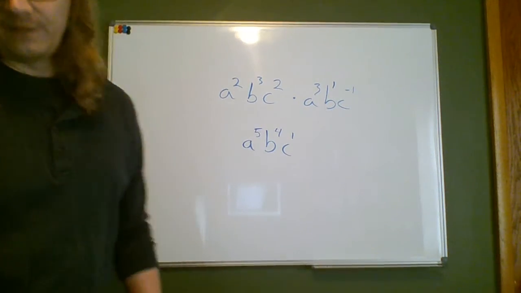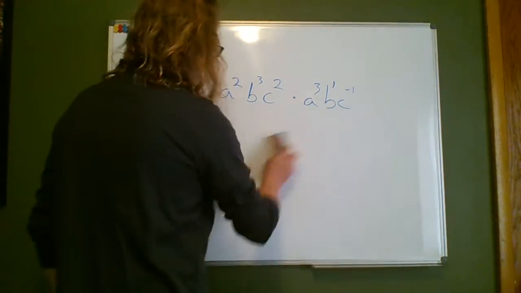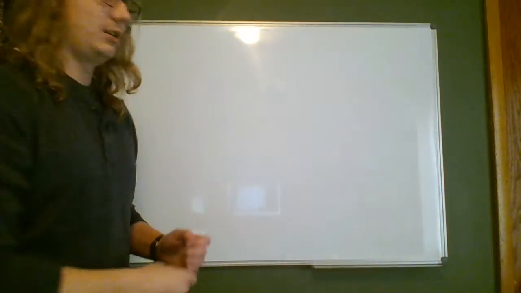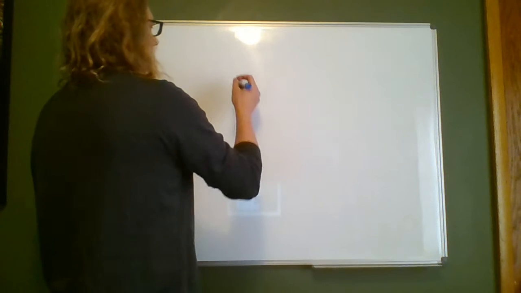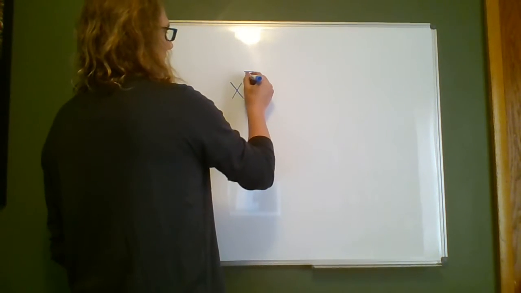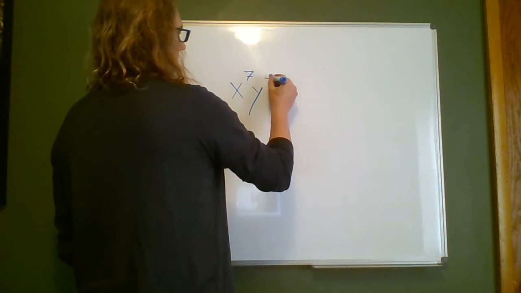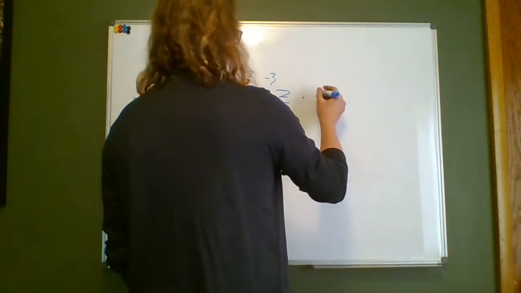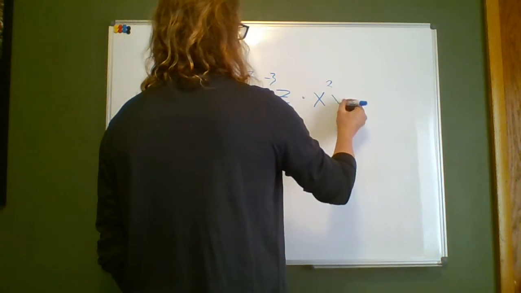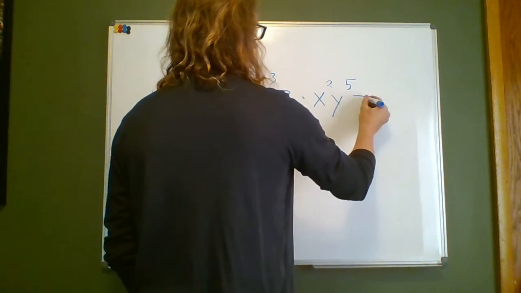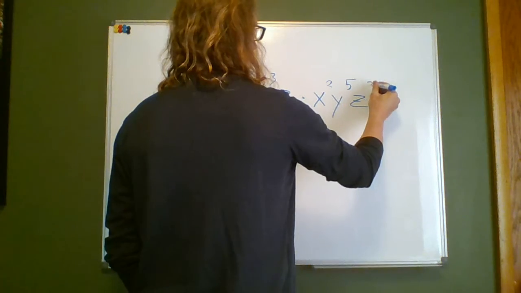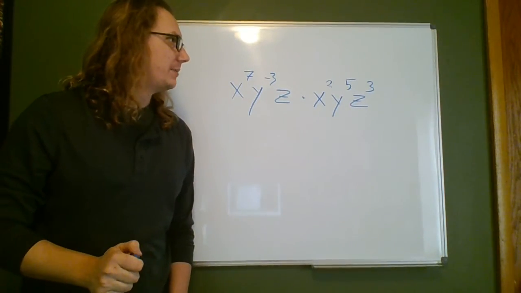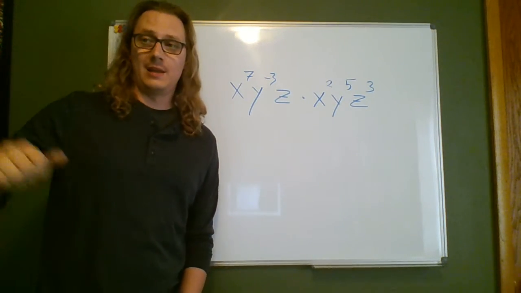Okay, looking at these terms and multiplying them together, that's what we're looking at right there. Let me give you a sample problem, and then I'll let you get to work on the multiplication of exponents. Take a moment, type that in, figure out your answer, and go.